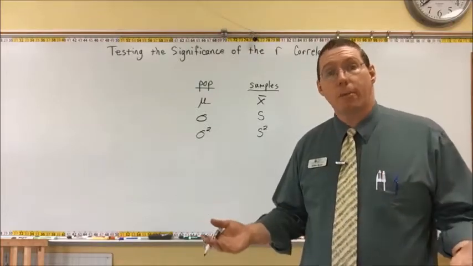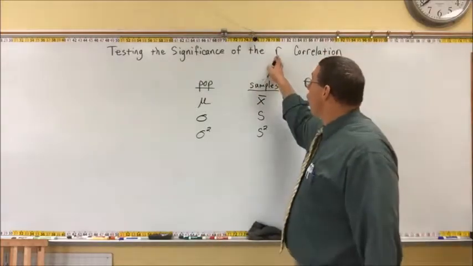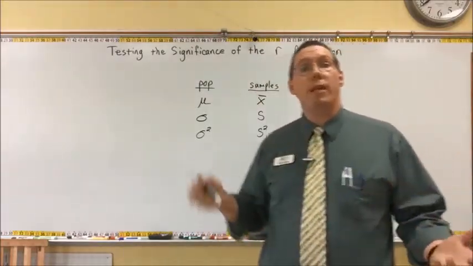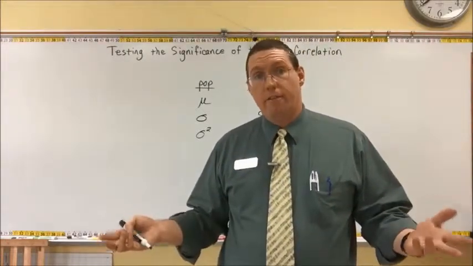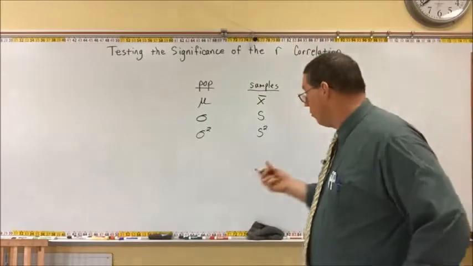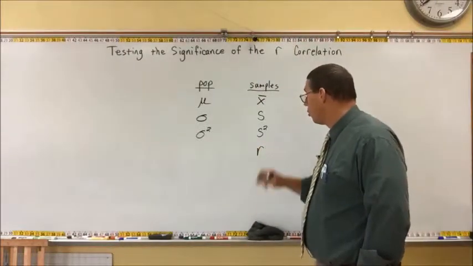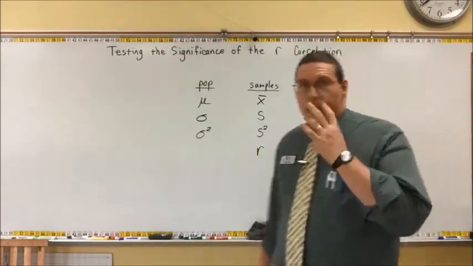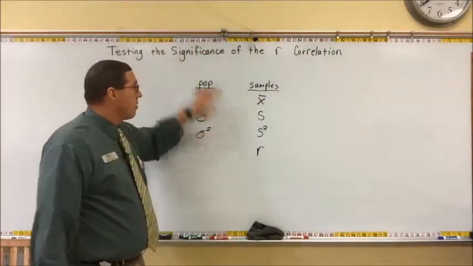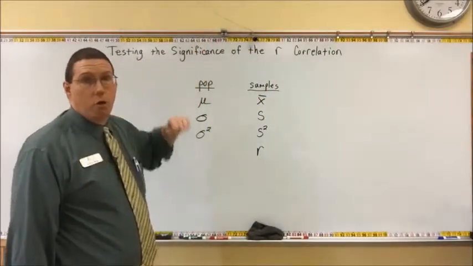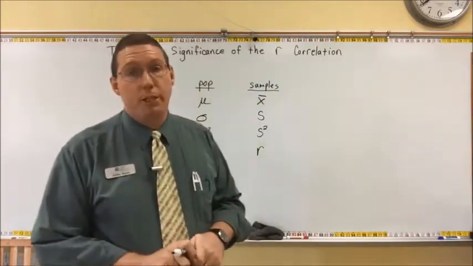But what we just learned in the last class is the R correlation between two variables, and we use sample data to find the correlation between those two variables, and we call it the R correlation. And so what I want to tell you is that there's a Greek letter that represents the population correlation between two populations.